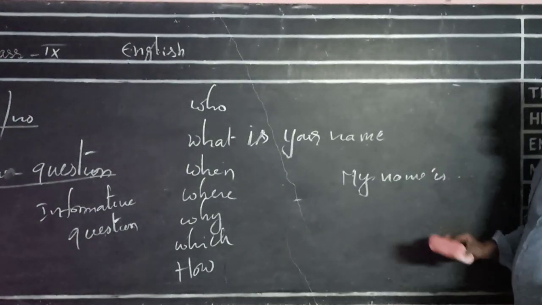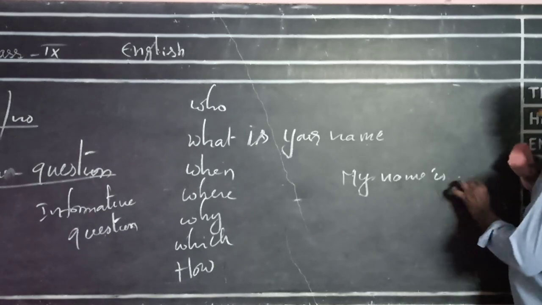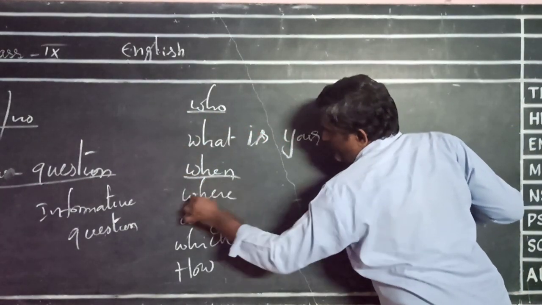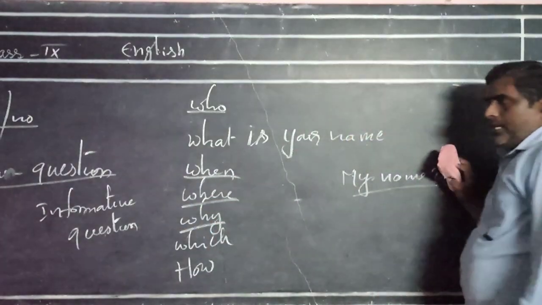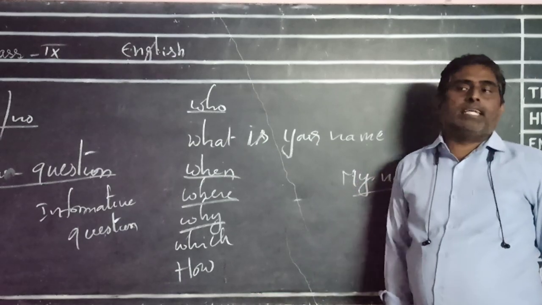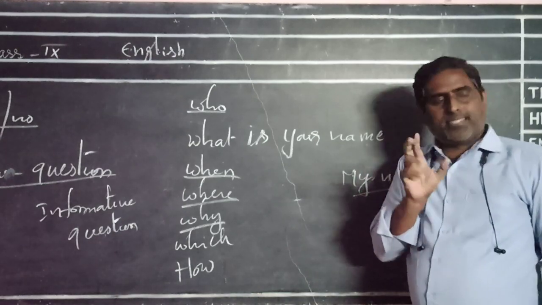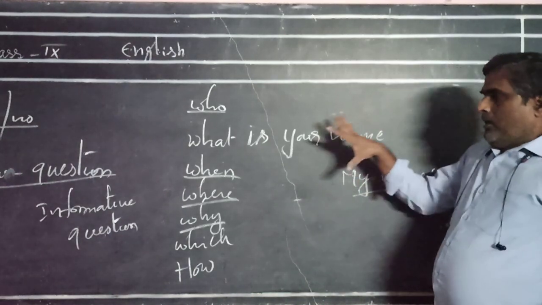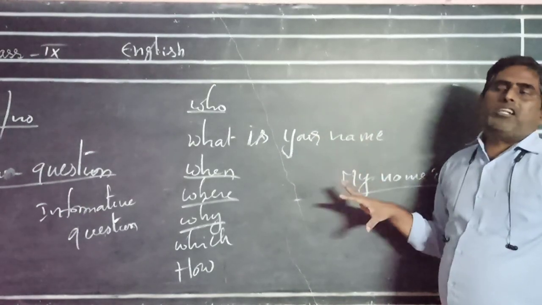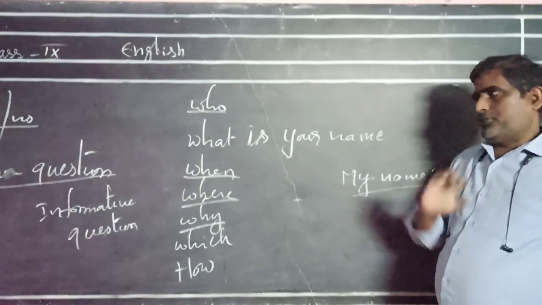So if you put a question with the help of any one of these words, you will get a complete sentence as an answer. So how can we use these types of questions from the examination point of view?